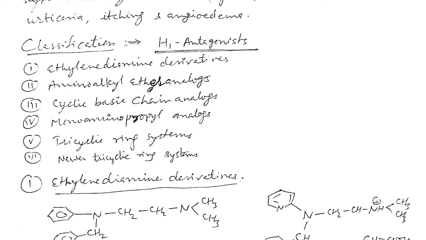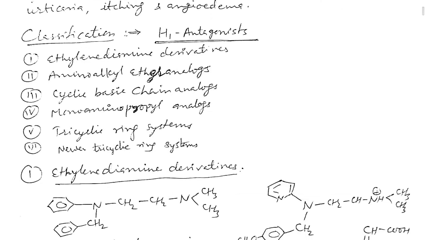Depending on the chemical structure, we can classify H1 antagonists. First class is ethylene diamine derivatives. Ethylene diamine means, look at the structure: there is an ethylene group, CH2, and at the end of the ethylene group there are two nitrogen atoms, or two amino groups, so that is called an ethylene diamine derivative.